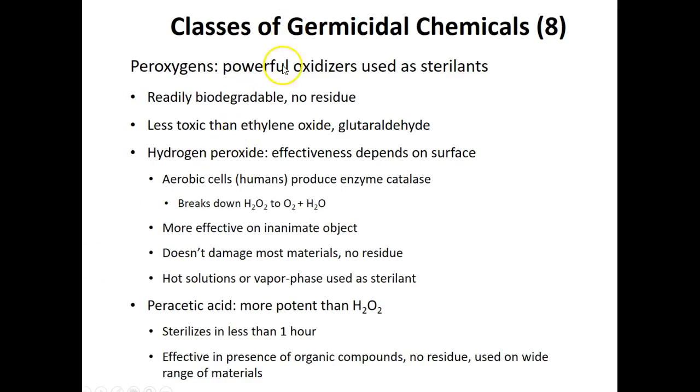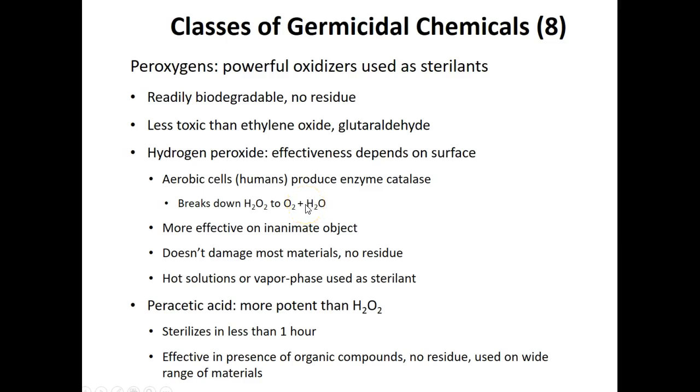Peroxygens, these are powerful oxidizers, also used as sterilants. The most commonly seen one would be hydrogen peroxide. Typically very effective against anaerobic organisms. The effectiveness with humans is a little bit debatable, because at the end of the day our human cells actually can process hydrogen peroxide, break it down into oxygen and water.